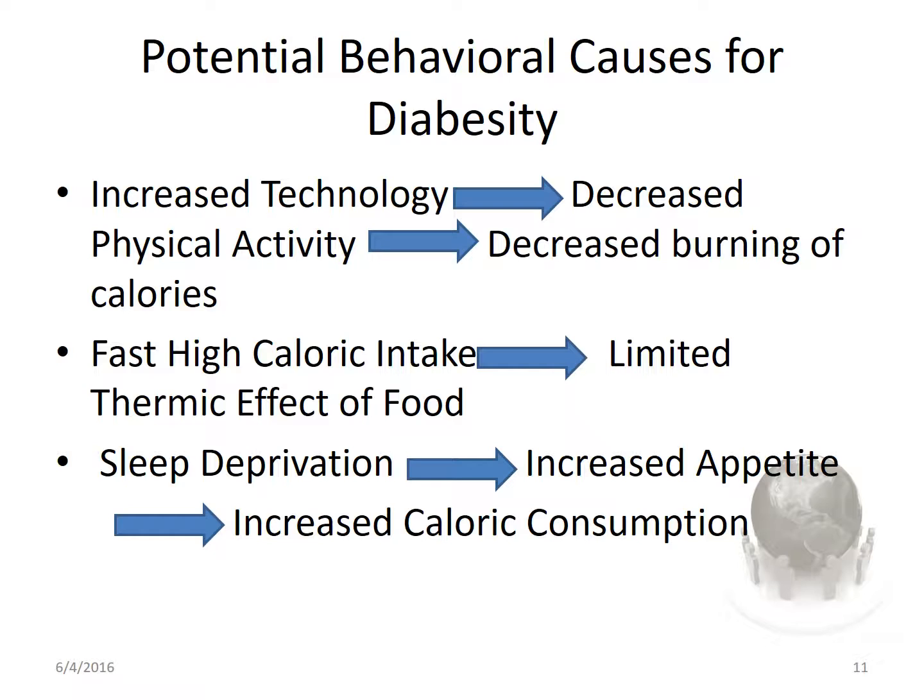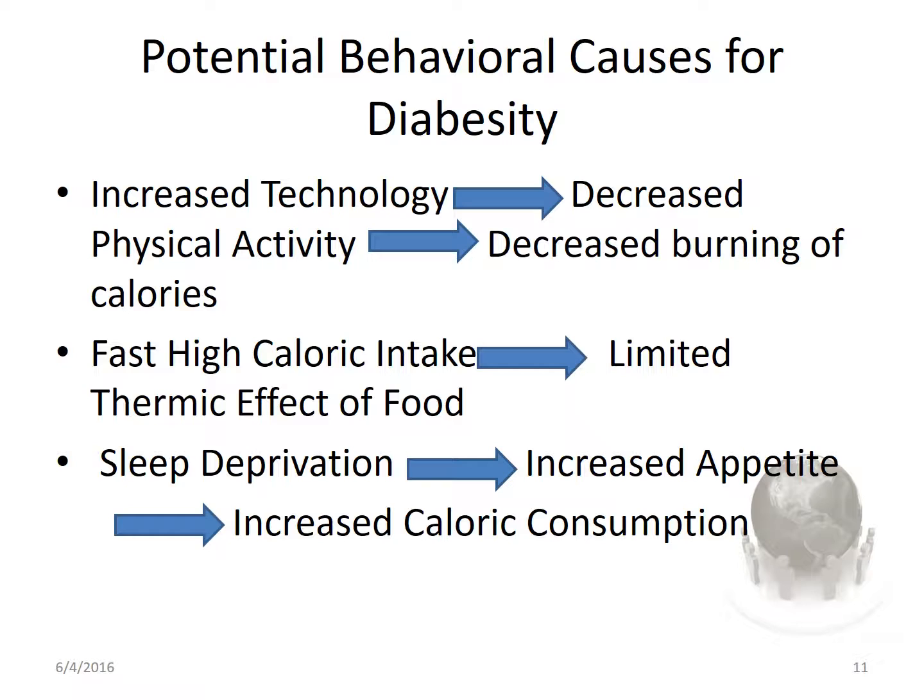So you can see on this slide, we have increased technology, which can decrease the physical activity of the adolescent or the child. They sit and play video games. They don't burn as many calories. The next bullet talks about the fast food, the high caloric intake. It's more concentrated. It limits the thermic effect of the food, which affects your metabolism.